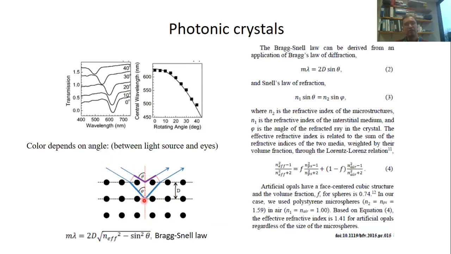Okay, and therefore, in order to determine the reflection condition, we have to consider both the incident angle as well as the refractive index. And that is described in what is called the Bragg-Snell law, which is nothing else but a combination of the Bragg law with the Snell law for refraction.